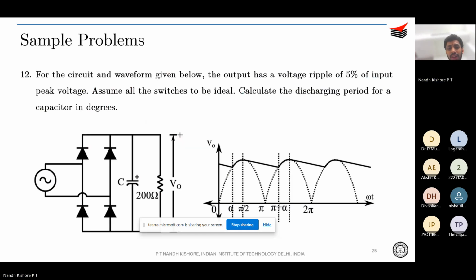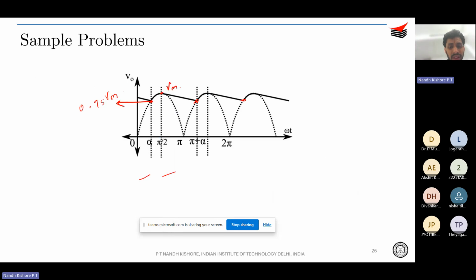Okay. So calculate the discharging period for the capacitor. They are asking what this particular period is. So you have alpha. This is alpha. Then alpha to pi by 2 is your charging period. Then pi by 2 to pi plus alpha is your discharging period. So what is the discharging period?